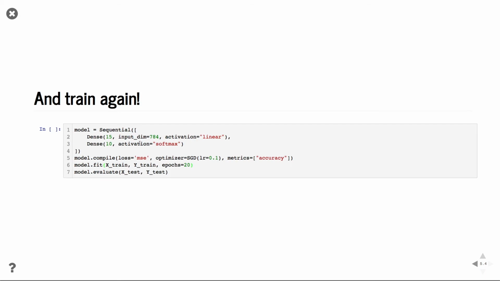The activation function we want to use after is softmax, so our resulting values can be interpreted as probabilities. Our loss function or cost function is the mean squared error. We're going to use gradient descent with a learning ratio of 0.1 for improving our parameters, and we want to output the accuracy, so how well our model will perform on training data and testing data.